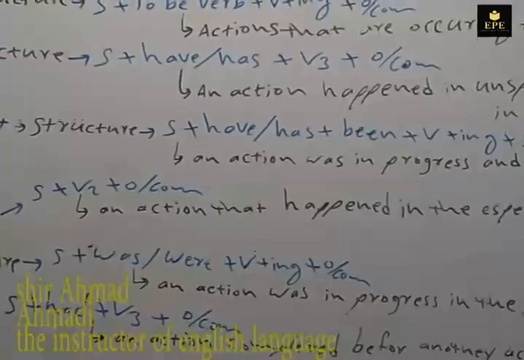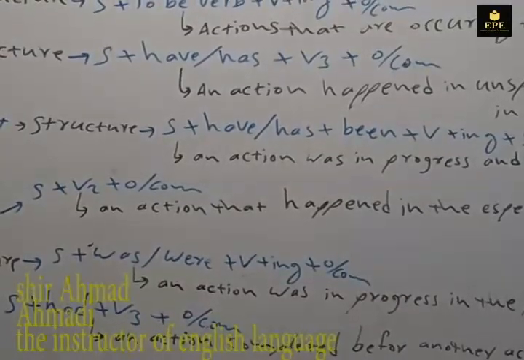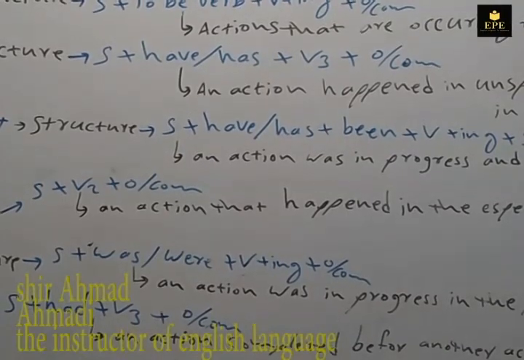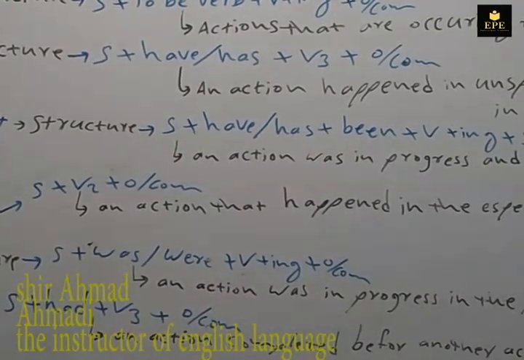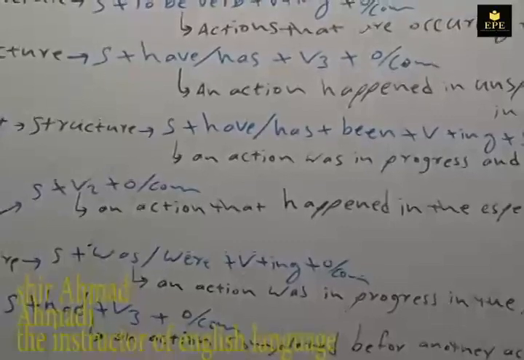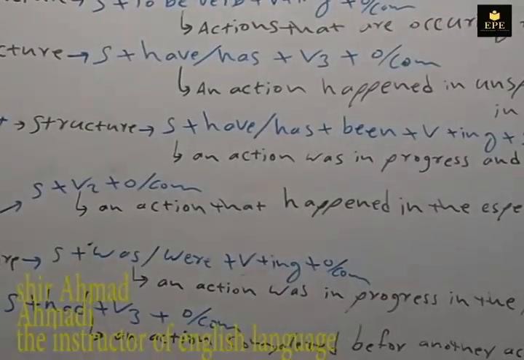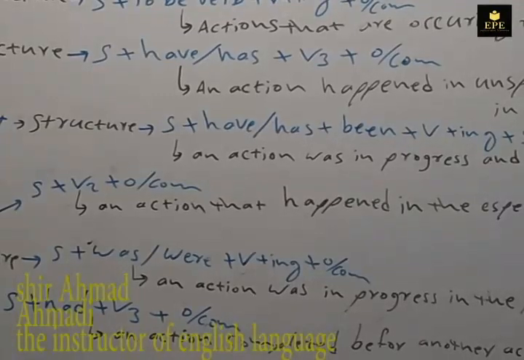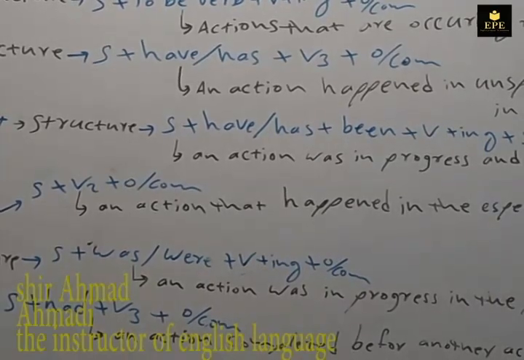So I think it's very clear and very, very easy. I think you know totally and completely about simple past tense and also past progressive tense. So it's the time to move to another tense, the third tense of past tenses. Past perfect tense.